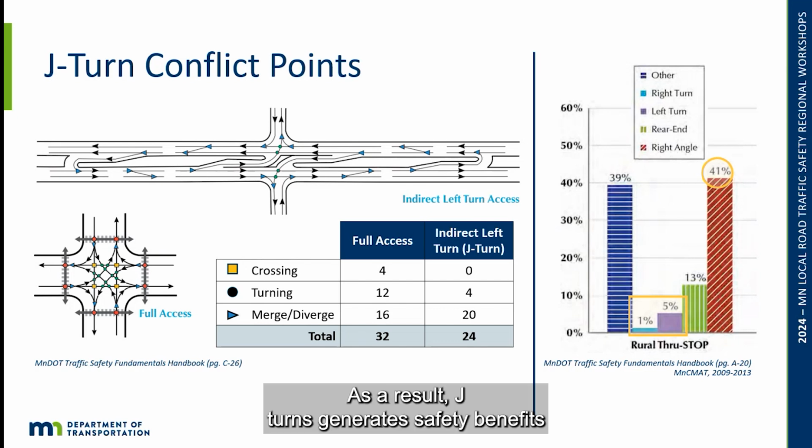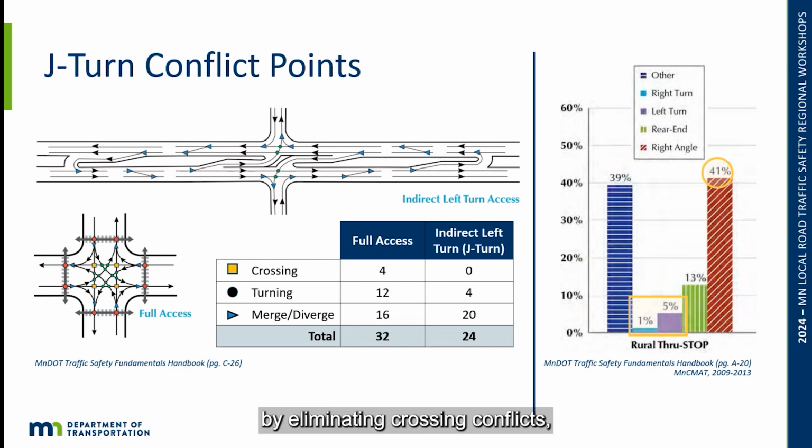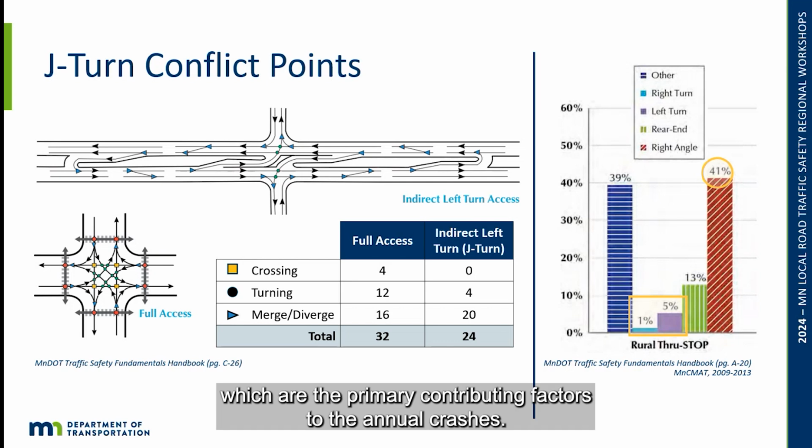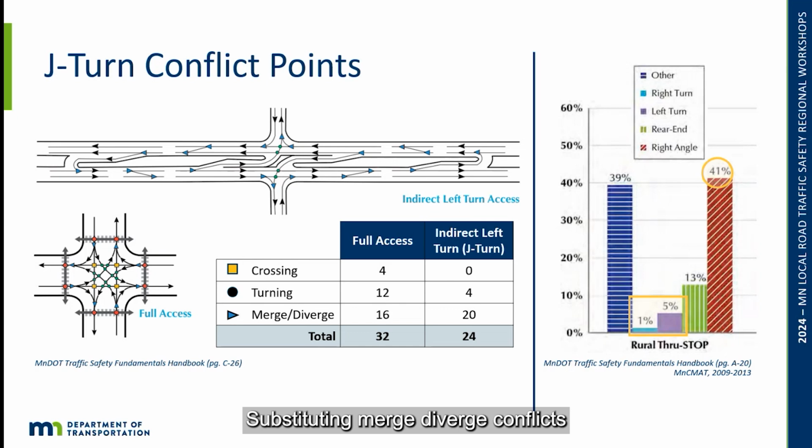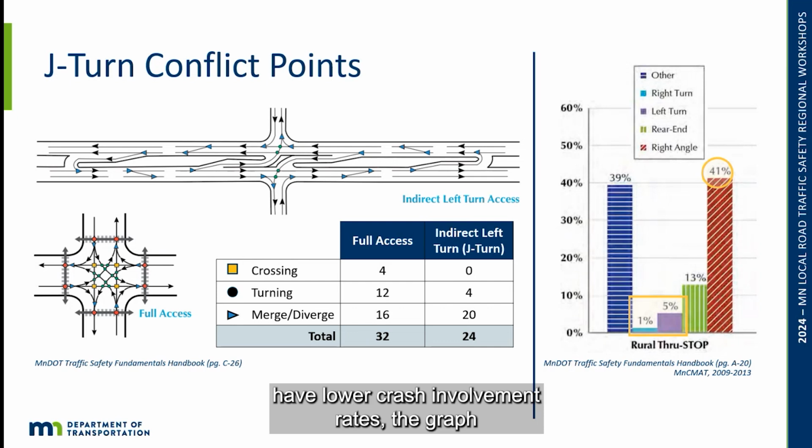As a result, J-turns generate safety benefits by eliminating crossing conflicts, which are the primary contributing factor to the angle crashes, substituting merge-diverge conflicts for the crossing conflicts, taking advantage of the fact that right turn and left turn maneuvers have lower crash involvement rates.